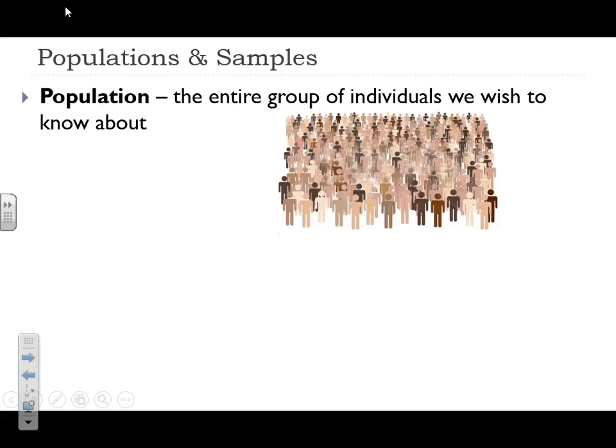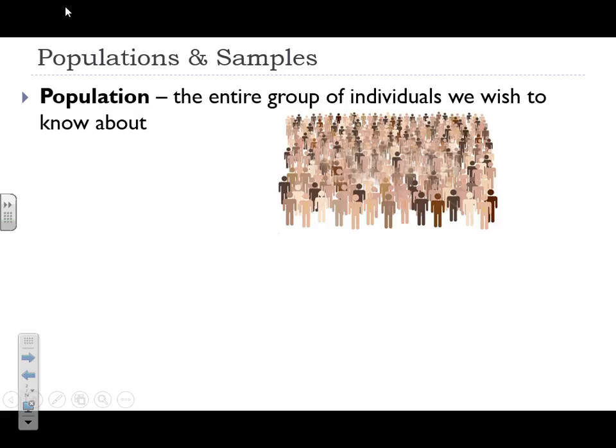That's a very small population. There's only 38 of you. So populations can be large or small based on what we want to know and who we want to know about.